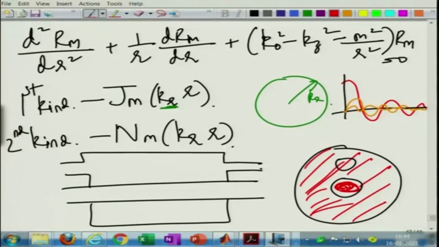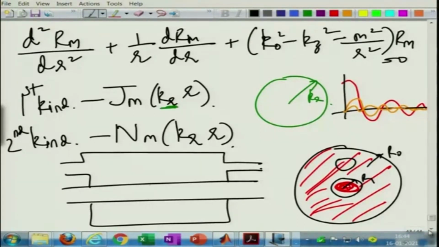Under such a case where the origin is excluded from the wave propagation domain, you have to include your Neumann function, because then there are two boundary conditions. One is a rigid boundary condition at r equal to the outer radius r_o, and also at r_1. But in cases where the origin is included, you are left with no choice but to drop the Neumann function altogether.